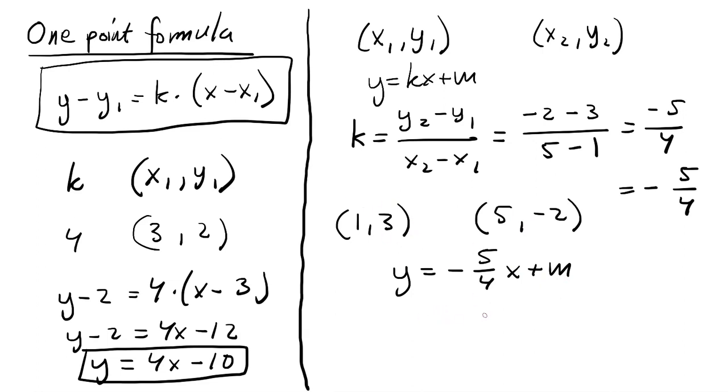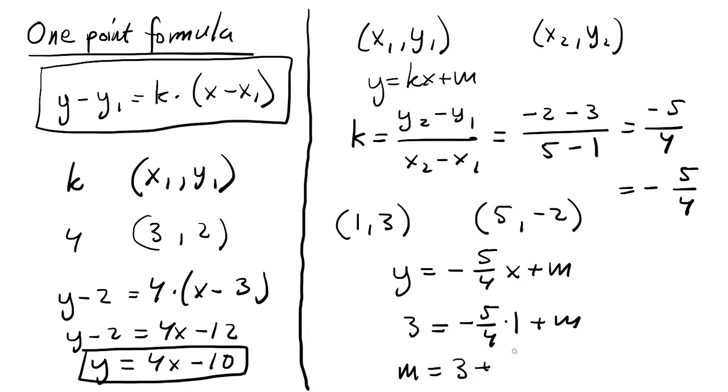If I plug in 1 into my function, so we know that this straight line goes through this point, meaning that if I plug in 1, then y must become 3, since this lies on the line. And here I have an equation for solving m. So I can just solve m here.